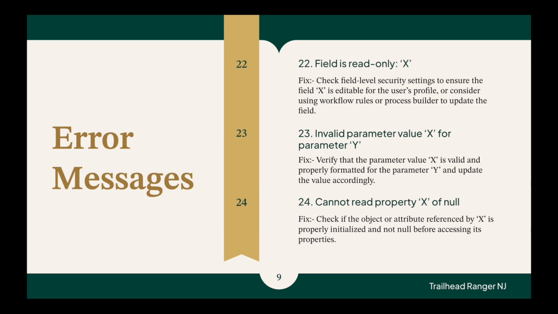In an Apex class or Apex method, suppose we have a method where we are using X property's value somewhere, and it is not supposed to be null in any case, but we are getting a null value in one of the scenarios, so it will throw this error. So we need to check that the object or attribute we are referencing using that X variable is properly initialized and does not have a null value while we are trying to access its properties.